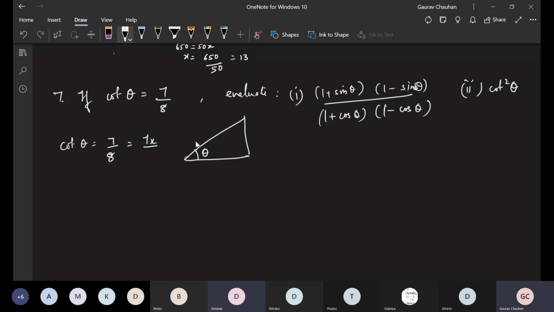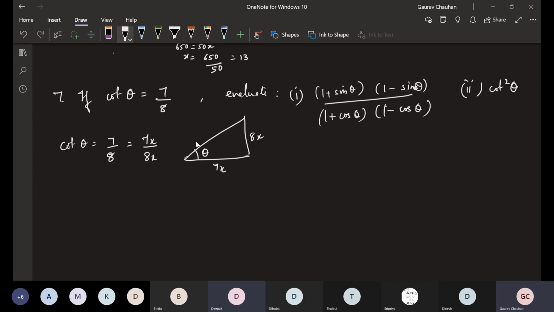Sir, cot of theta is adjacent side by opposite side, sir. So adjacent side is 7x, and opposite side is 8x.